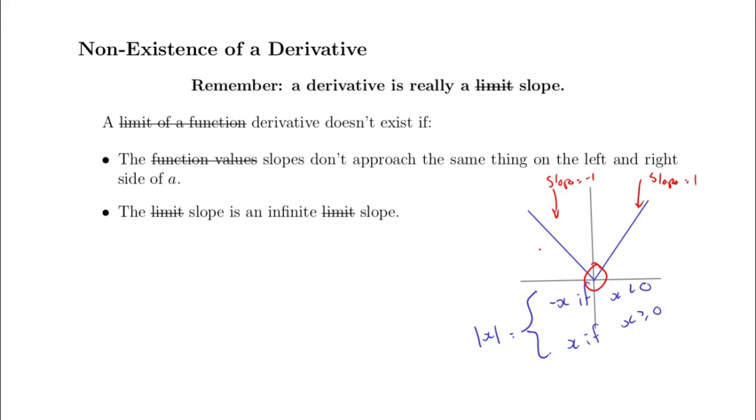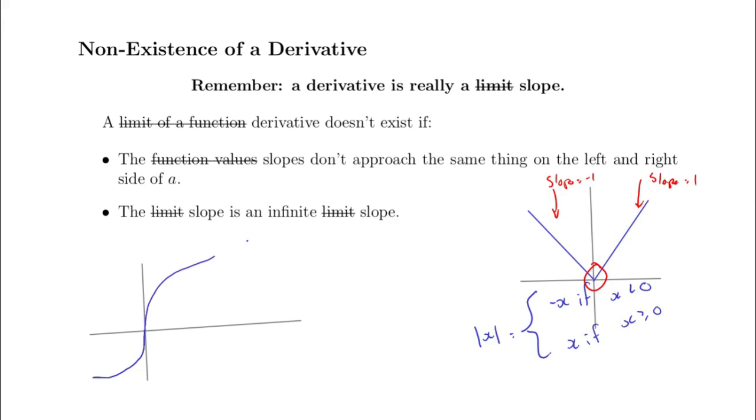We could also say our derivative doesn't exist if not necessarily the limit is an infinite limit, but what that means now, if our limit is really a slope, we're saying the slope is an infinite slope. So maybe we have some sort of infinite slope happening. What does that really look like? Well, an infinite slope just means that the rise over run is really, really, really big, right?